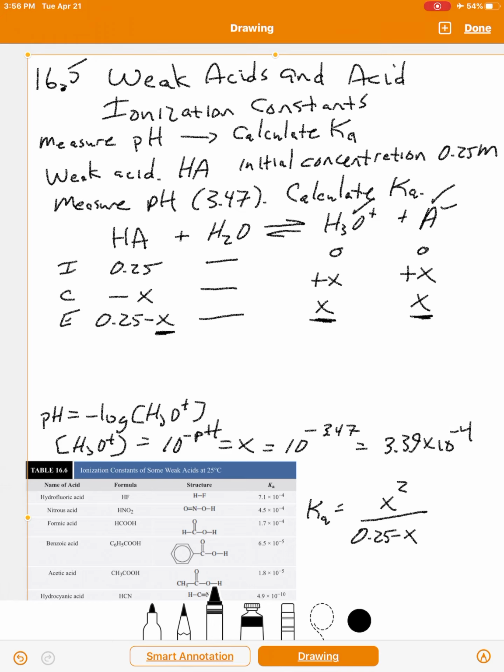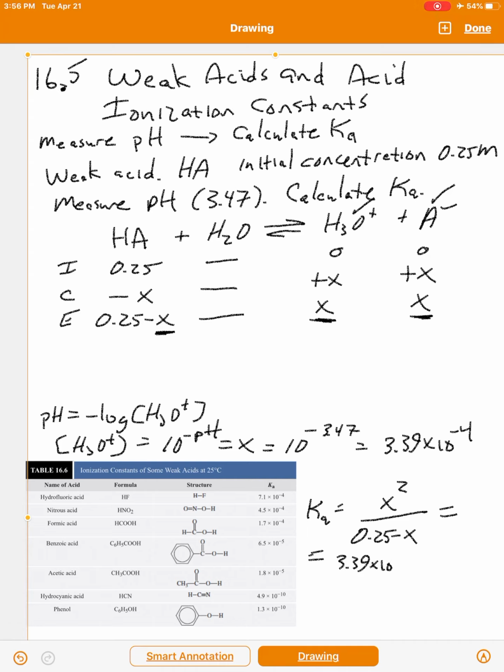There you go. So now we can say, okay, Ka is X squared over 0.25 minus X. So that would be 3.39 times 10 to the minus 4 squared over 0.25 minus 3.39 times 10 to the minus 4.